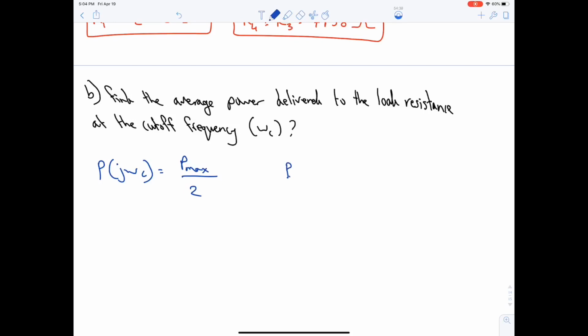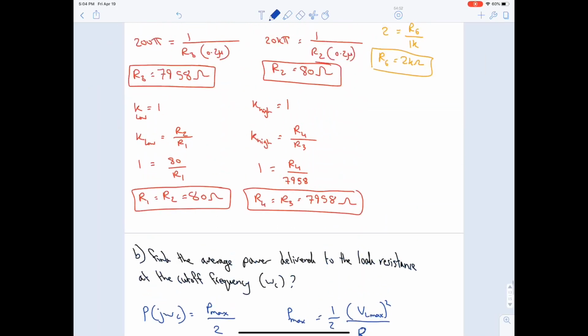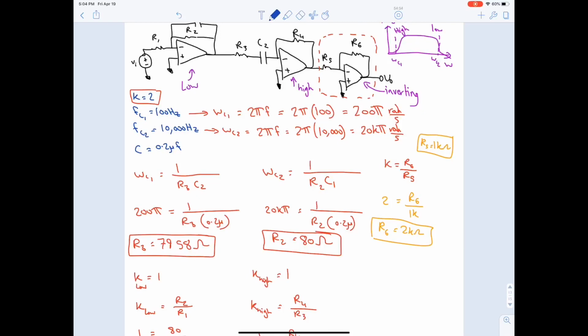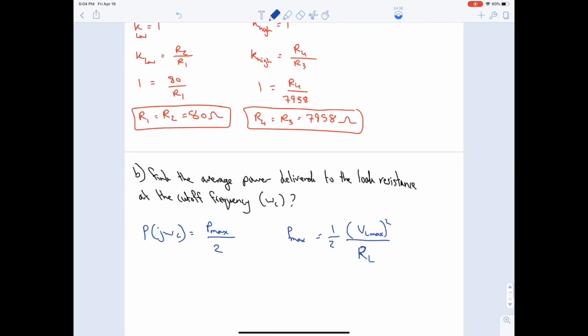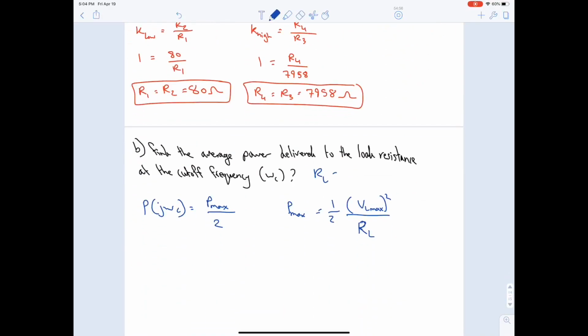And P max was equal to half V load maximum squared divided by the resistance RL. Okay? Now what is RL? Let's say that RL was given to us as 1 kilo ohm. Okay, it was given in the question.